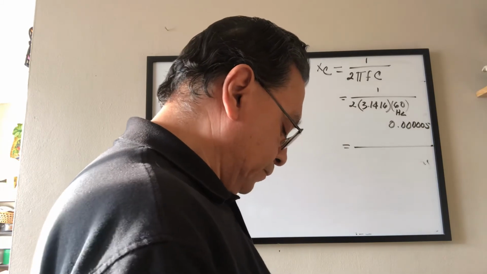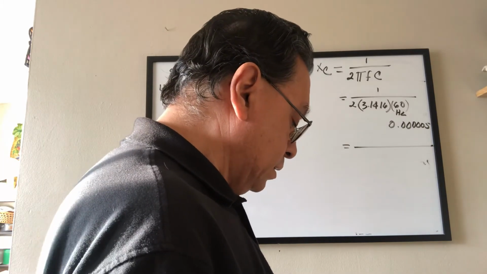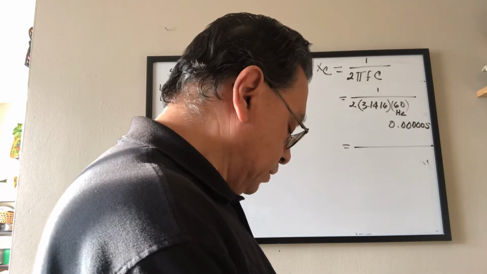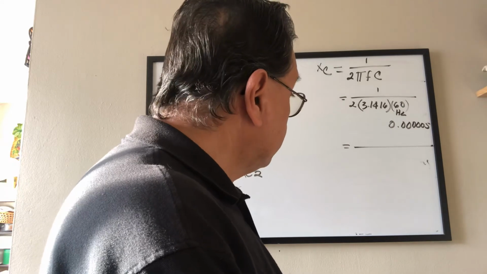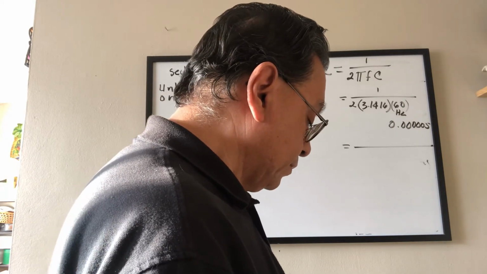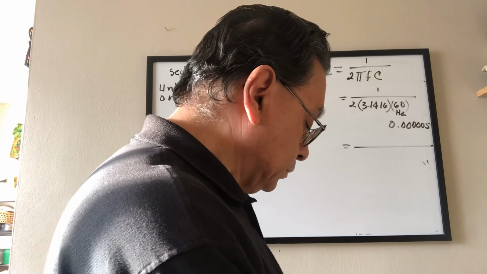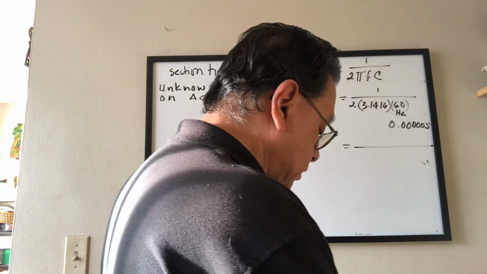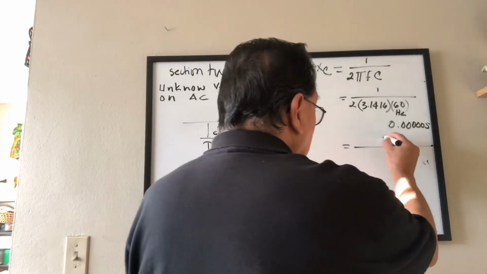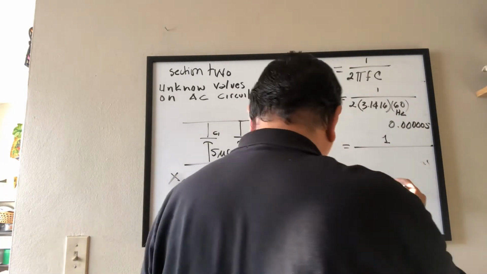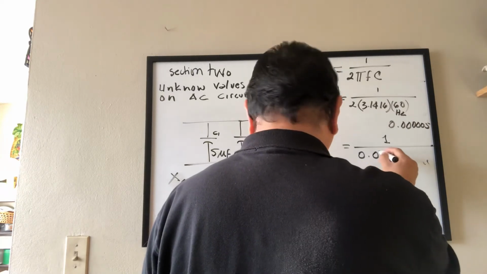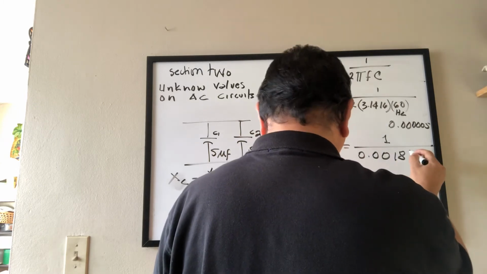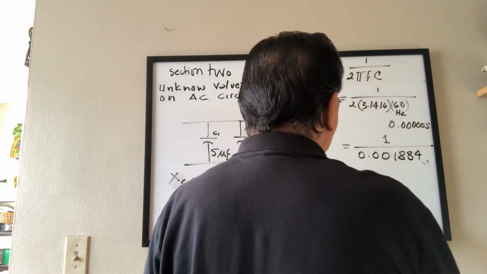3.14 times 2 times 60 times 0.000005. This is 0.001884, and these are ohms.